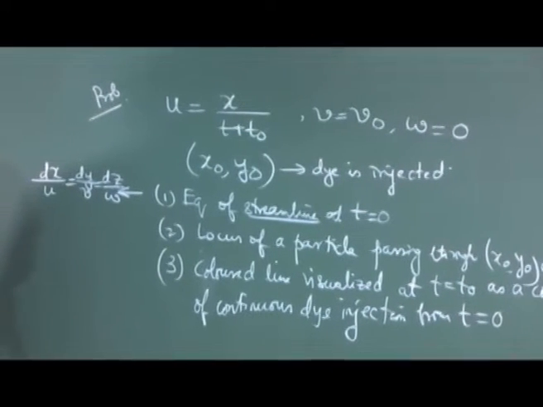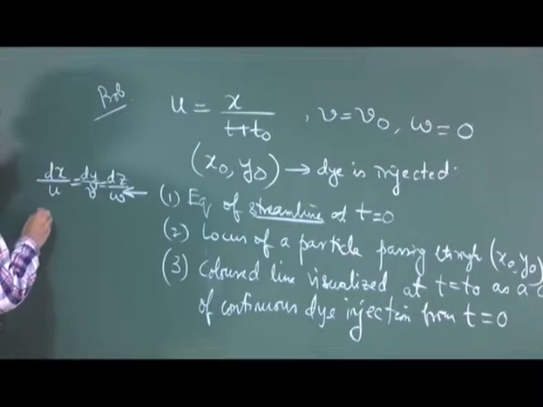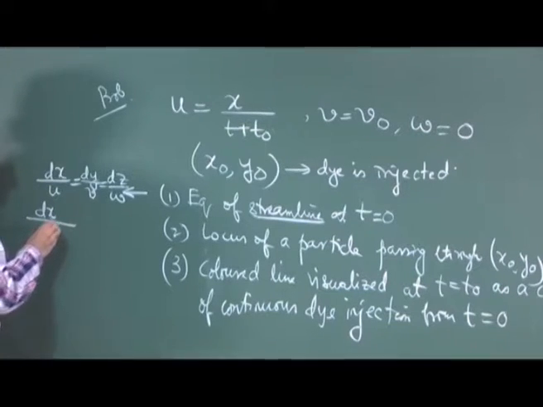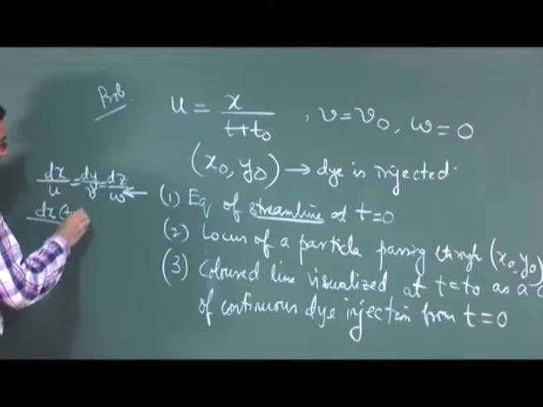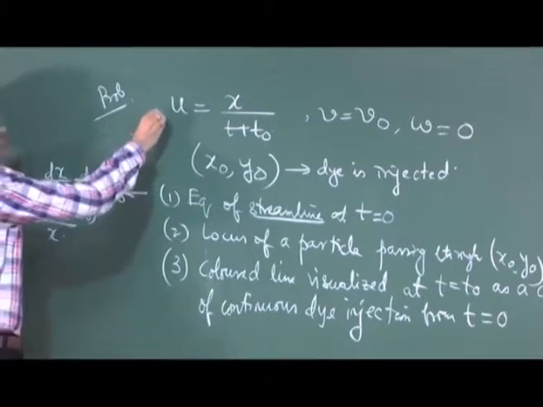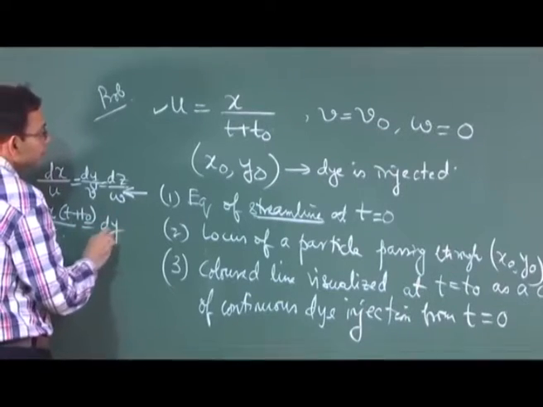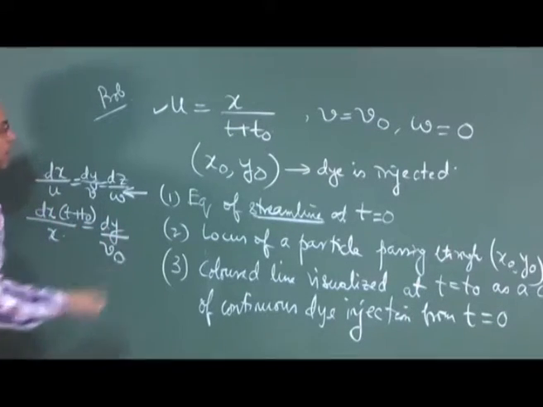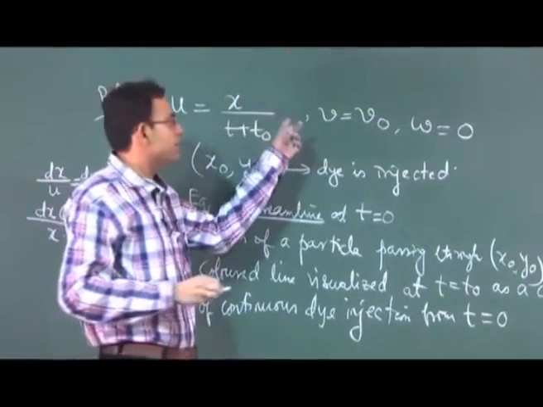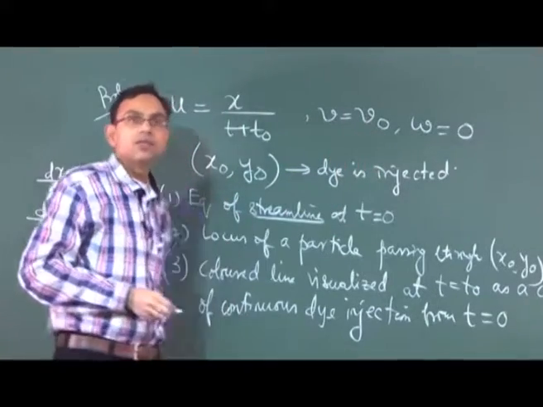So, you have dx by u, the expression for u is there, is equal to dy by v. This is irrelevant here because it is a 2-dimensional velocity field, only 2 velocity components are there, the third component is 0.